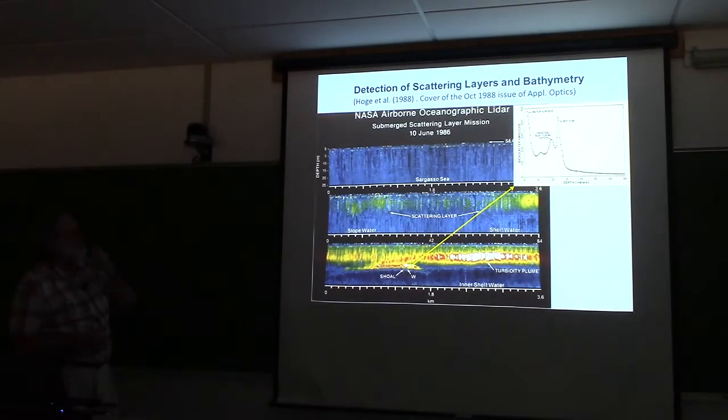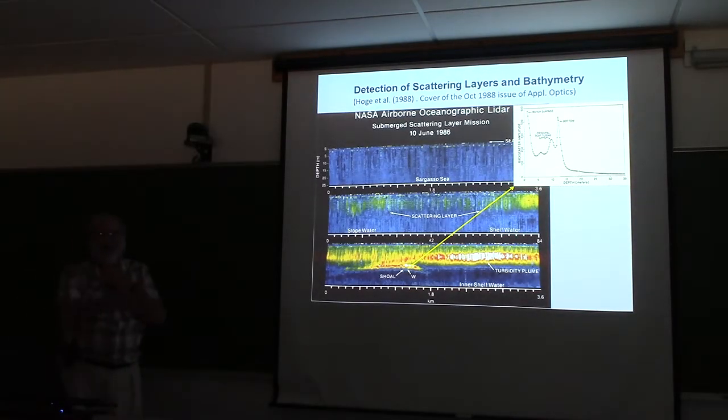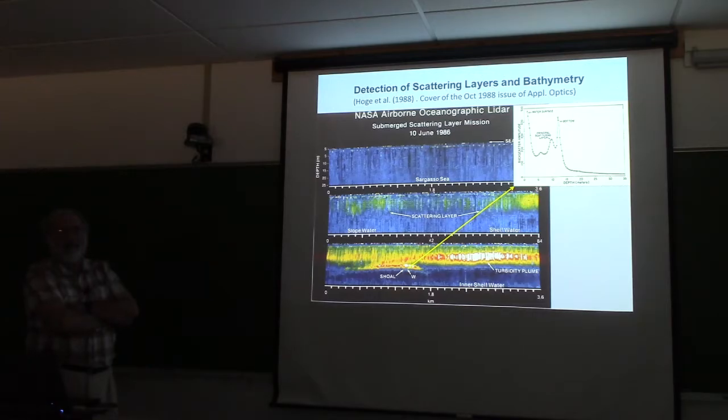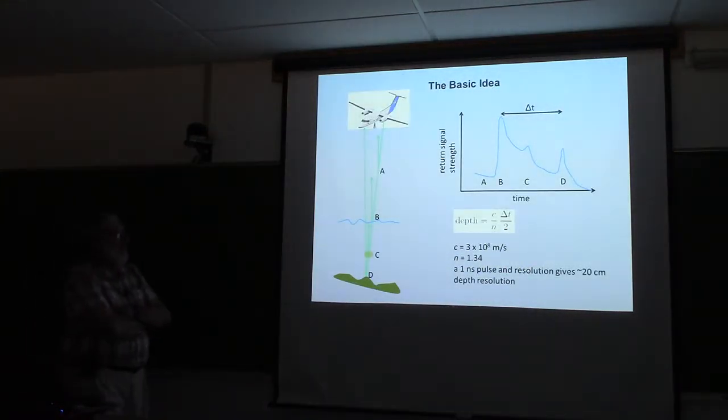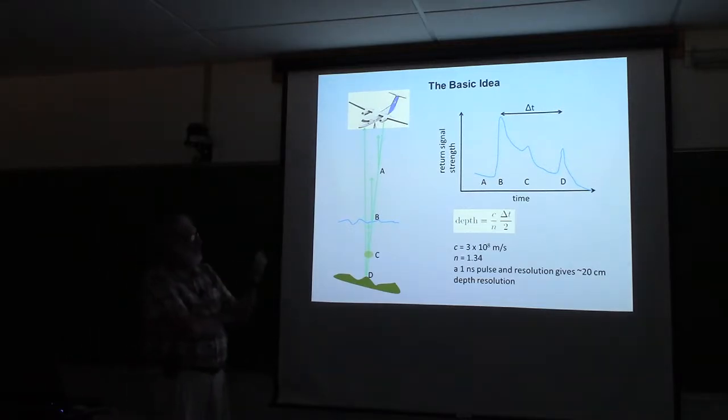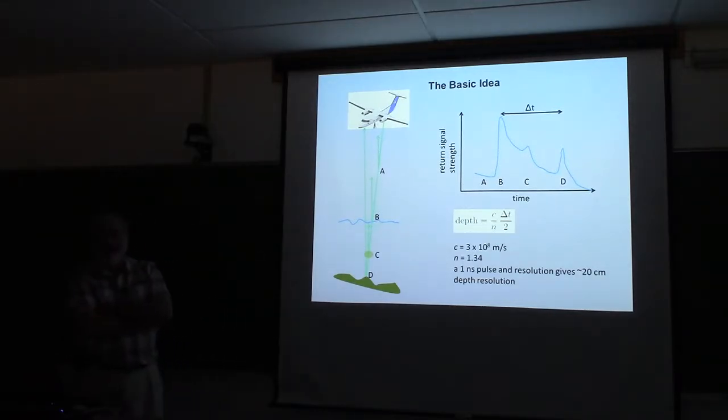Okay, so here's a paper by, oh yeah, sorry. How deep can you get this? Well, with most of these systems you get down to like 5 or 6 beam attenuation lengths, so 1 over c. When you're out there with your eye, you can get down to maybe 2 over Kd or 1 over Kd. These can go a lot deeper than just the eye because you're using this time dependence.